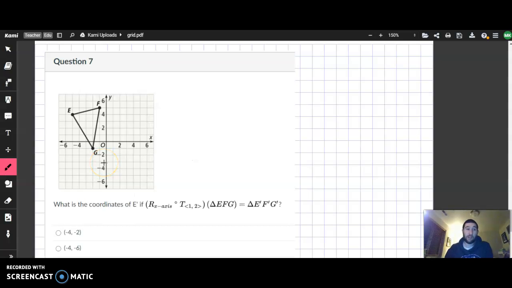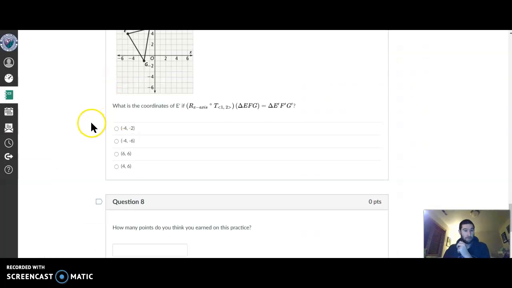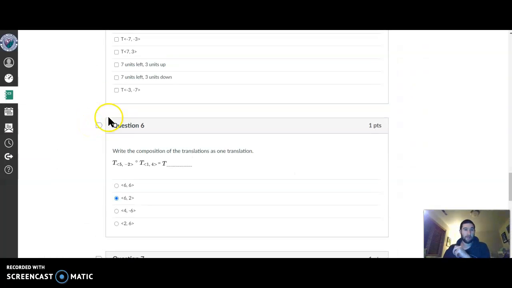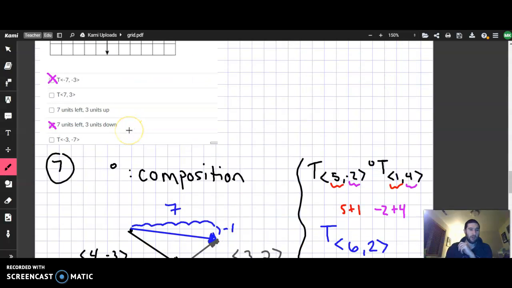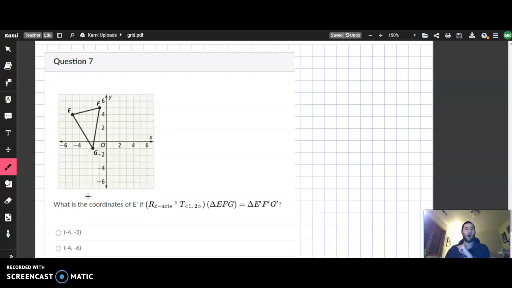All right, ladies and gentlemen. So, on question 7 here, what we have, wait a second. Oh, I miscounted. Oops. The previous one was question 6. So, I'll fix it. Perfect. So, on question 7 here, essentially what it's asking us to compose, so we're putting together, is this R notation, which means reflection.